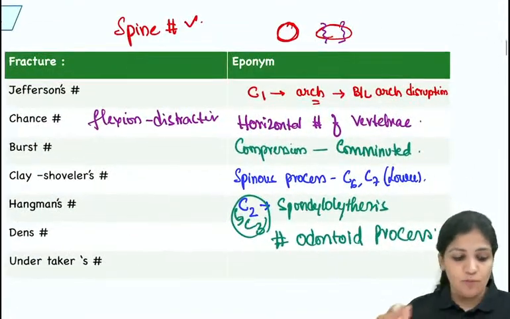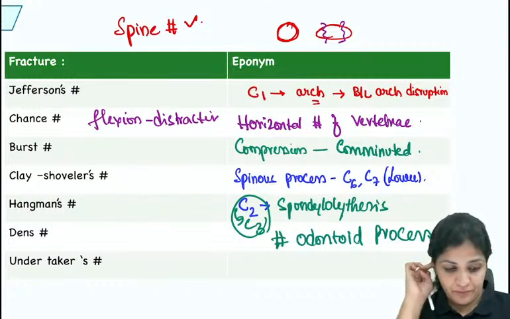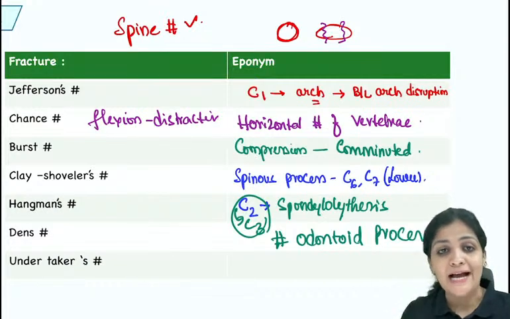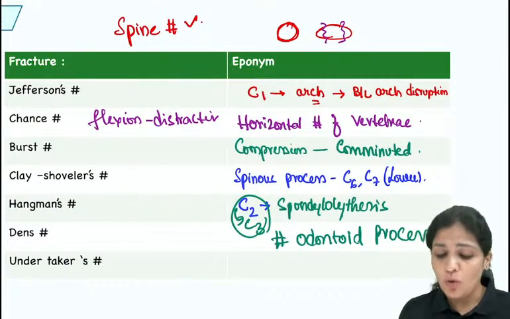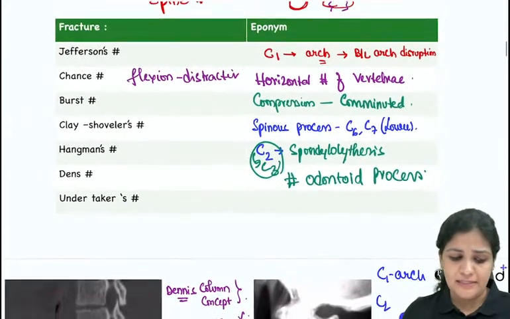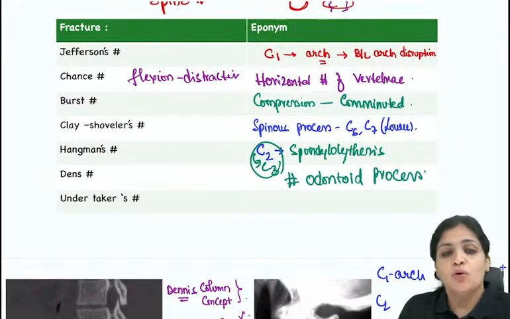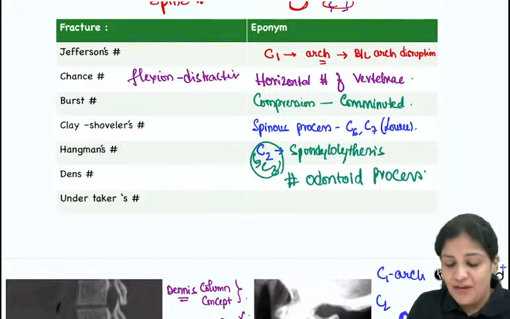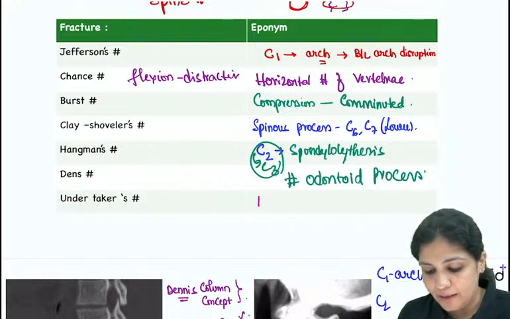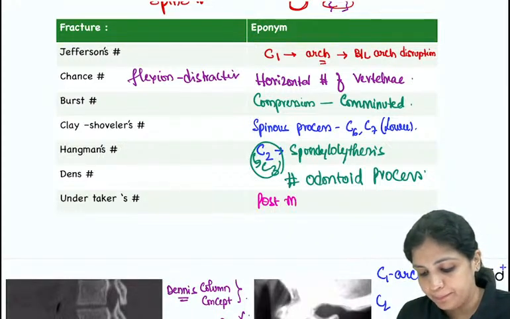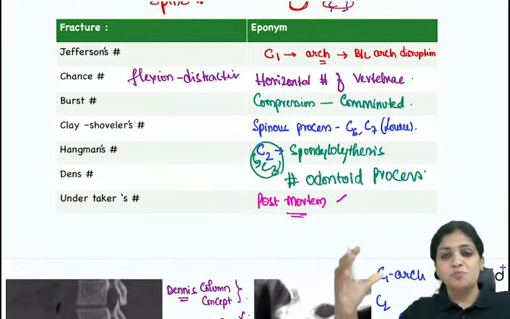Then what is the undertaker's fracture? Right, Pratyusha, you're right. Dens is most common. Very good. Okay. So what is undertaker's fracture? Undertaker's fracture is something which is seen post-mortem.